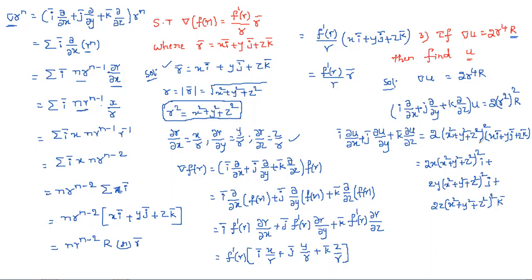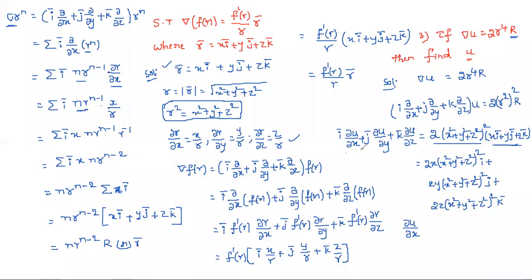I just multiplied this entire term with this one. So first term 2x into this total, plus 2y into this total, plus 2z into this total. Now comparing the coefficients of i, j and k on both sides. In the left side the i coefficient is dou u by dou x.